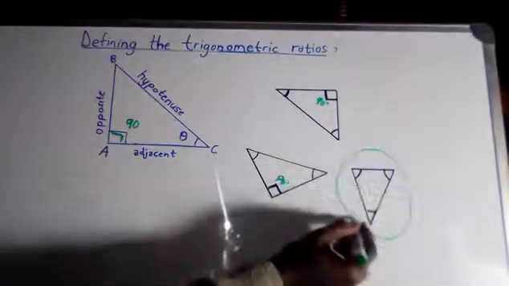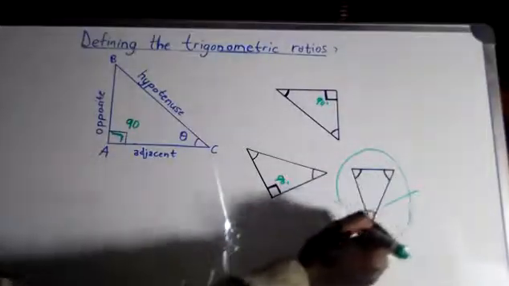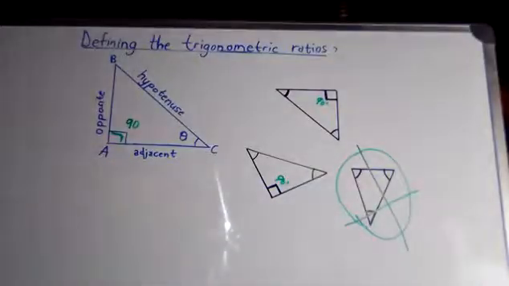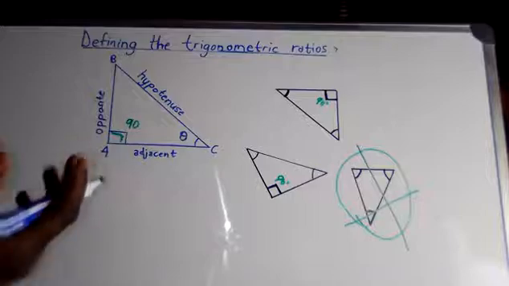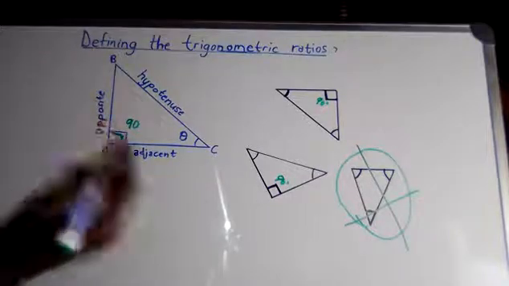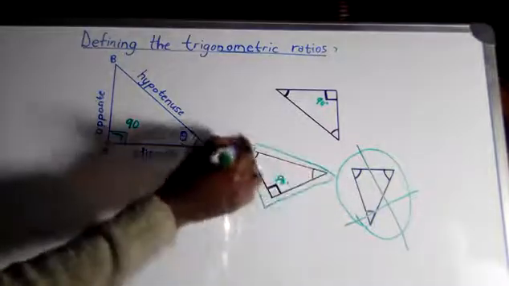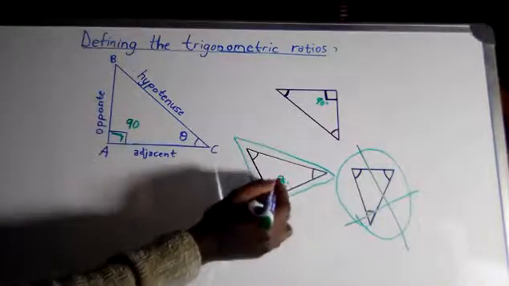Any triangle that does not have a 90-degree angle is not a right-angled triangle. So to define trigonometric ratios, you need to be working with triangles with a 90-degree angle.